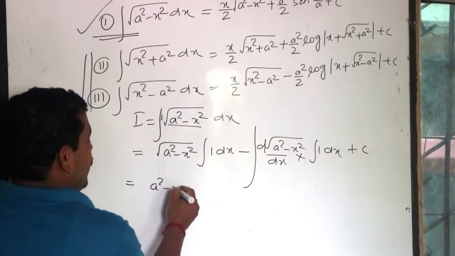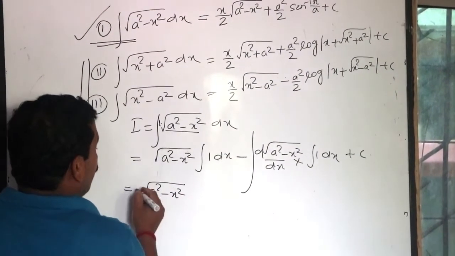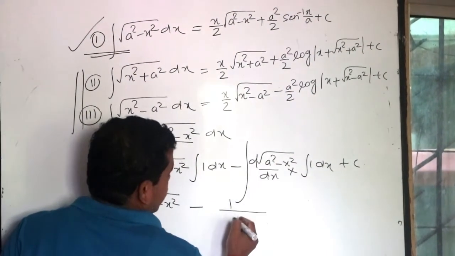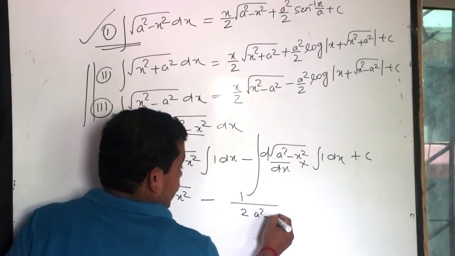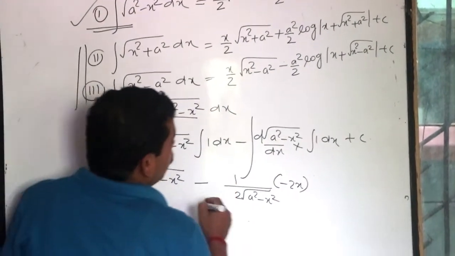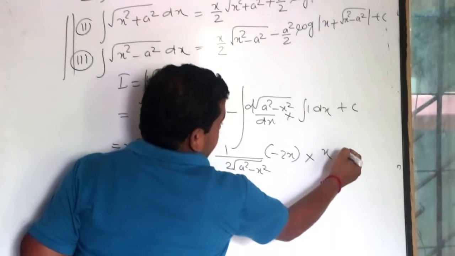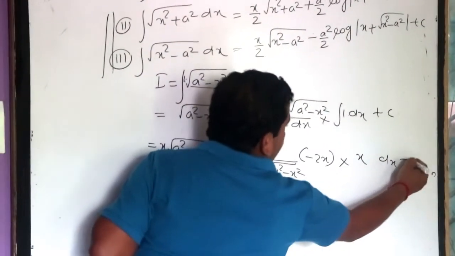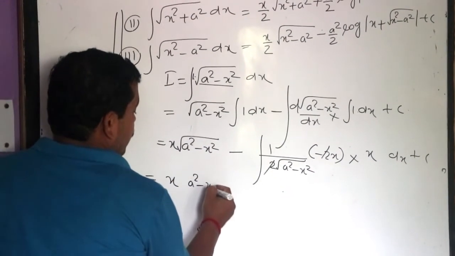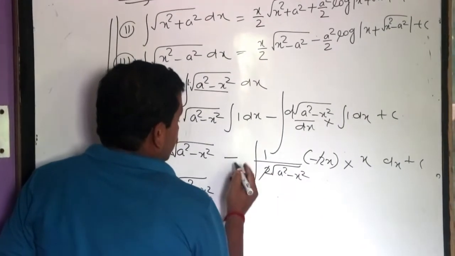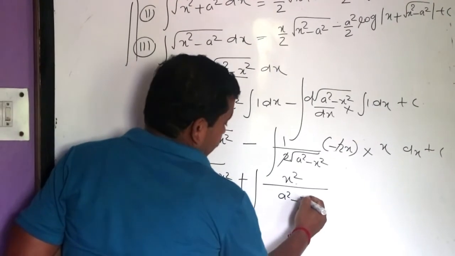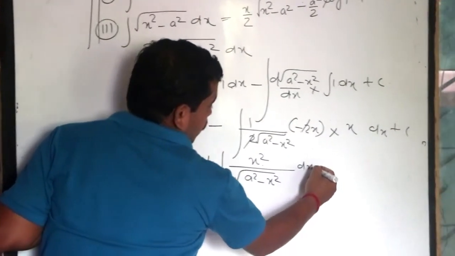That is equal to root over a square minus x square, and integration of 1 is x, minus derivative of root over a square minus x square is 1 by 2 root over a square minus x square into minus 2x by chain rule into x plus c. 2 cancelled. That is equal to x root over a square minus x square, minus minus will be plus, and the numerator becomes x square by root over a square minus x square dx plus c.